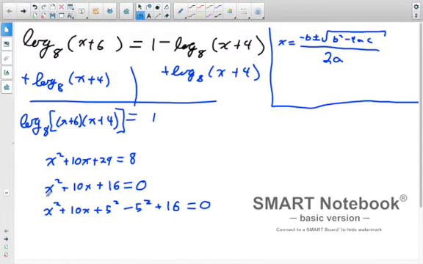So now over here on my setup, this part is going to simplify down by design into x plus 5 squared. And then 5 squared being 25, I have 16 minus 25, which is going to leave me with negative 9.